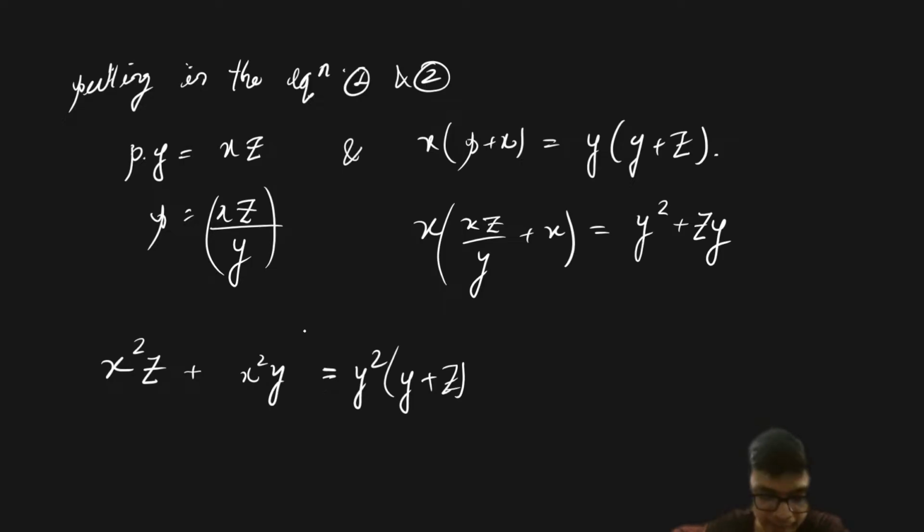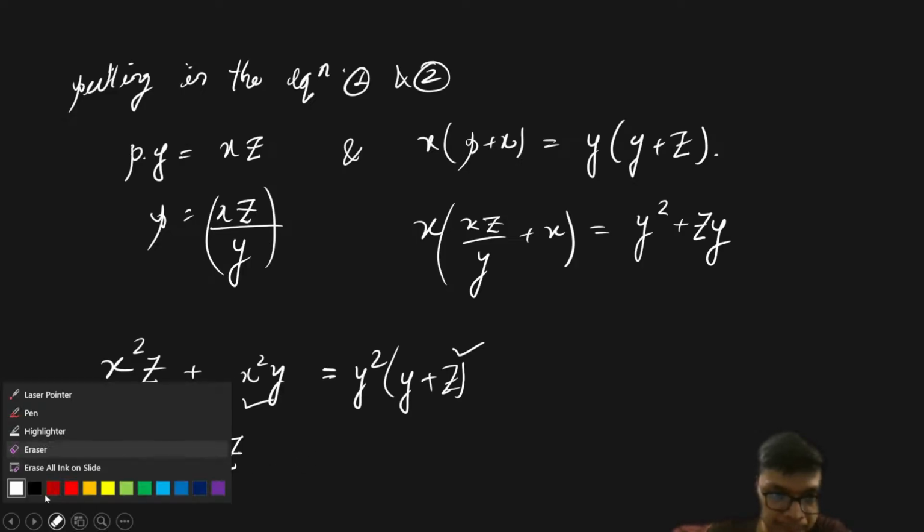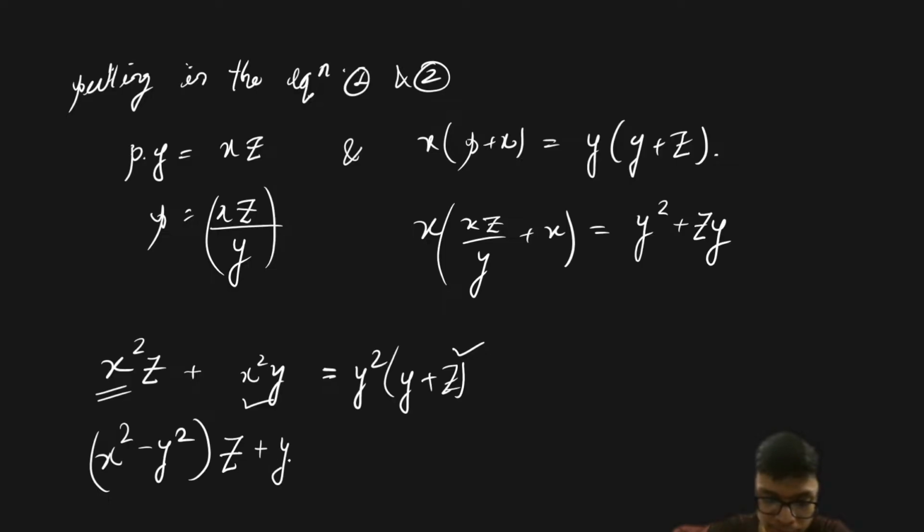Factorizing, I take x square minus y square with z, and x square minus y square is also common for y as well. So it's all about calculation.